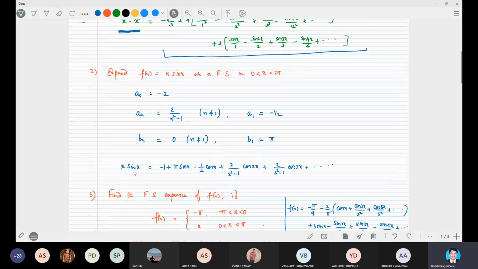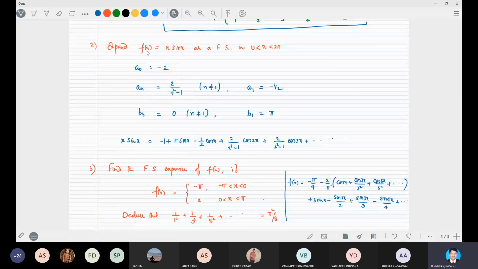Well, this is another question. Expand f(x) equal to x into sin x as a Fourier series in the interval 0 to 2 pi. Can you do this? Do this problem, the second problem. Do this please.